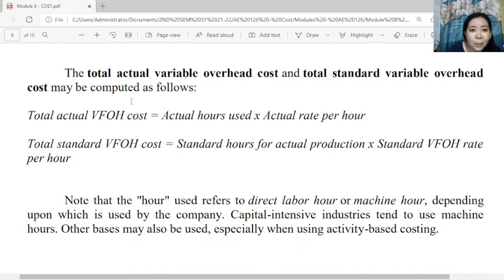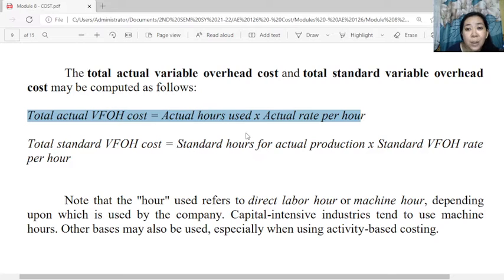Okay, so the total actual variable overhead cost and total standard cost are computed as follows. So when we say total actual variable factory overhead cost, this is equal to your actual hours used times the actual rate per hour. Actual hours times the actual rate.